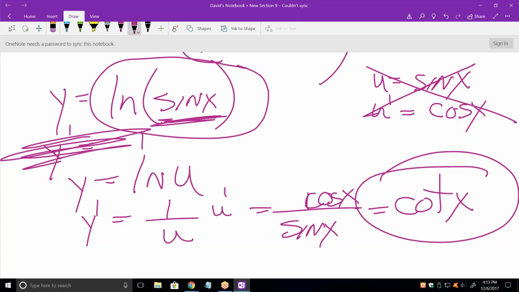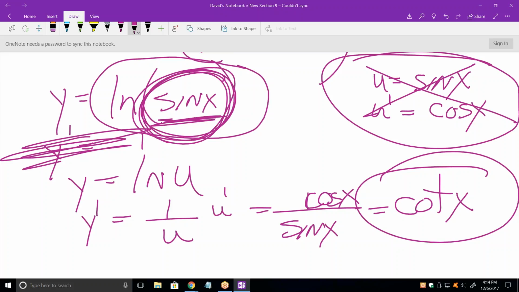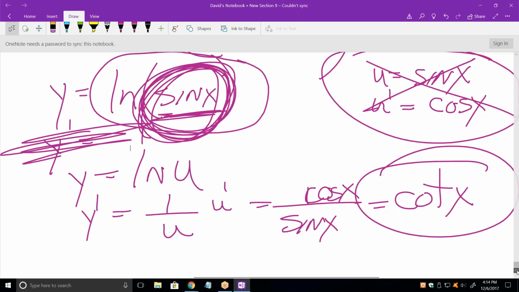As long as you know what the inside is, all you have to do is apply the derivative of the outside times the derivative of the inside. The derivative of the outside is 1 over sine x. I do not change that. That's always my denominator for the derivative of the outside.